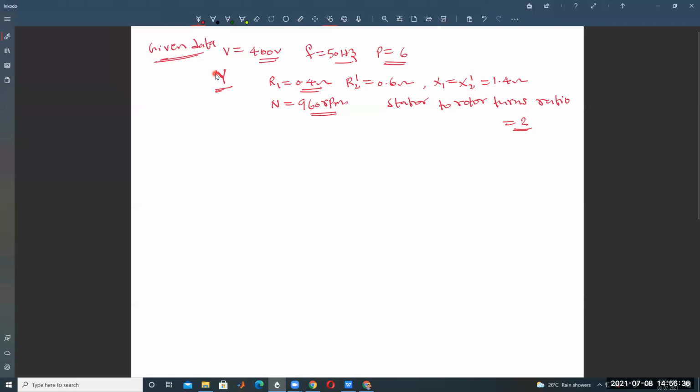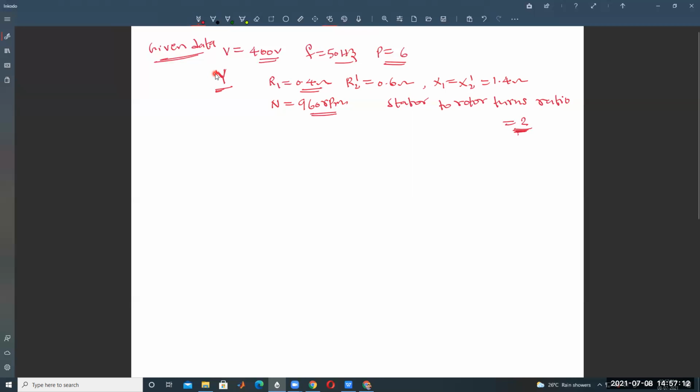For example, if you want to refer the rotor resistance, that means the external resistance in the rotor, to the stator side, you use this stator to rotor turns ratio. Understood? Clear? Same as a transformer. How do we convert secondary to primary by K square?